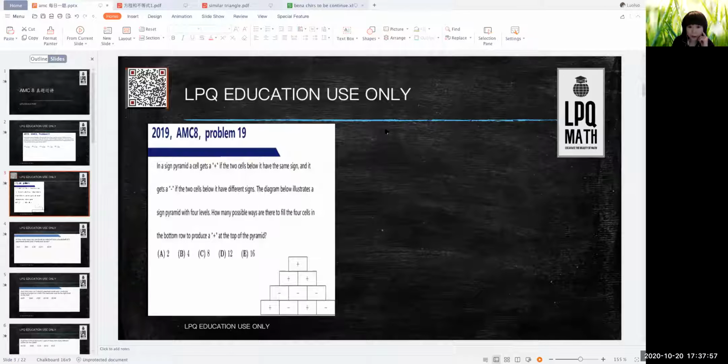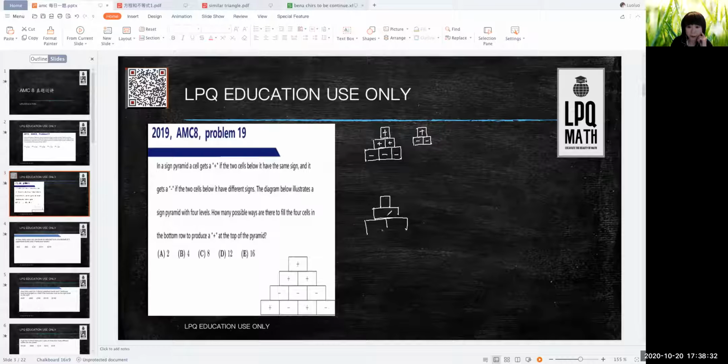In order to get the top cell being positive, how many options do we have for the next layer? The next layer could be positive, positive, or it could be negative, negative, right? Let's just focus on positive, positive first. To make the second layer positive, positive, we can have negative, negative, negative, but also we can rewrite it.